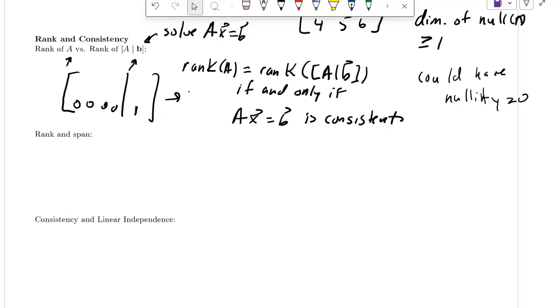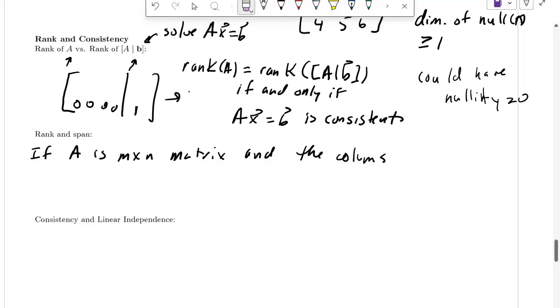Agree? Okay. So if I get a pivot in every row, if A is an M by N matrix, and the columns span, where do the columns live again? RM or RN?